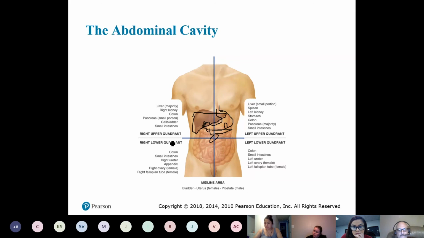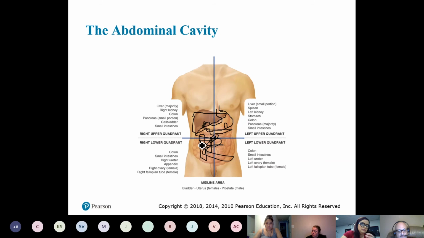All right. Now, where's the large intestine at? Actually, strike that. Where's the small intestine at? Left lower quadrant. So it starts here and it goes around, and then it gets to the large intestine.